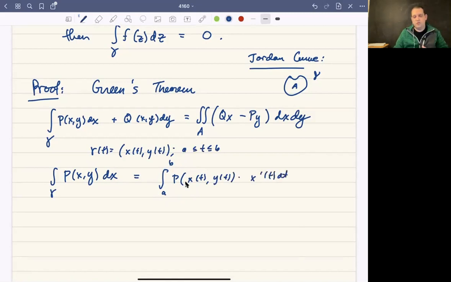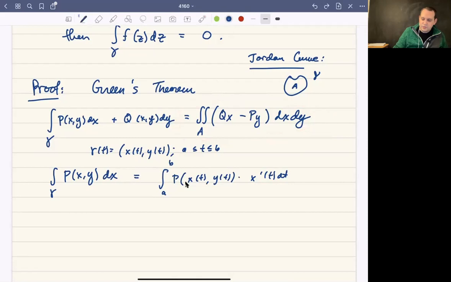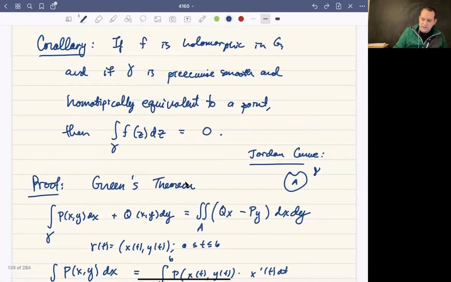The integral of q dy is very similar, except you'd have a q and then y prime of t dt. So Green's theorem gives this equivalence between line integrals and the region determined by the closed curve, the inside of this curve.